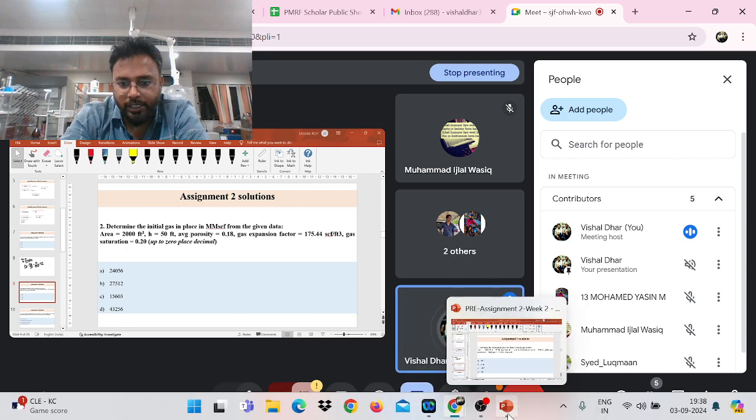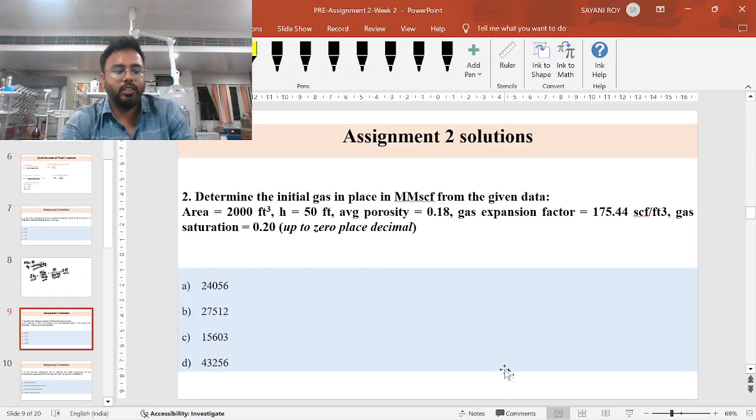Okay, so try this numerical from your side once, then I will be solving it.